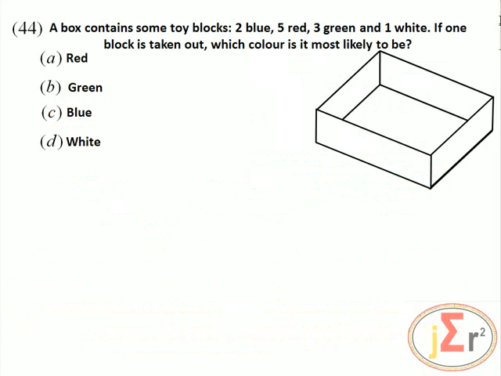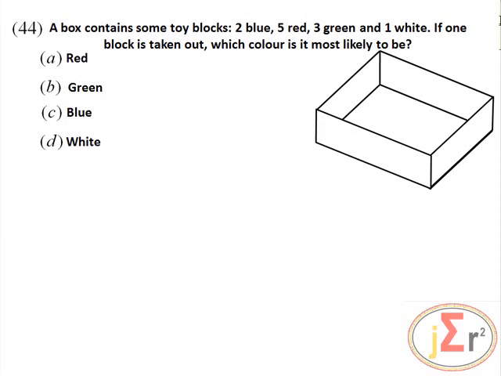A box contains some toy blocks: 2 blue, 5 red, 3 green, and 1 white. If one block is taken out, which color is it most likely to be?